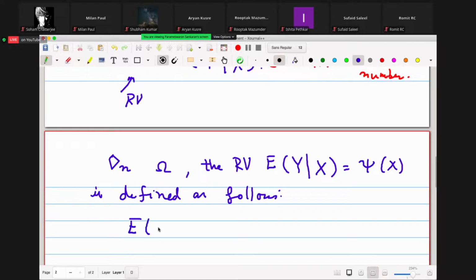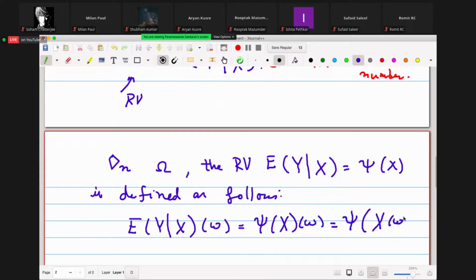So E[Y|X] at omega is equal to psi(X(omega)), which is by definition psi of X of omega.